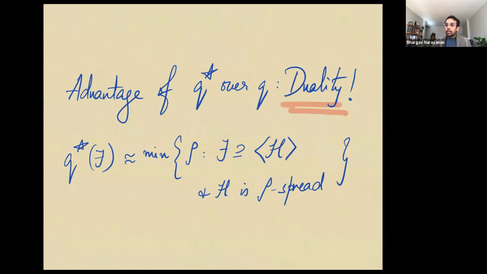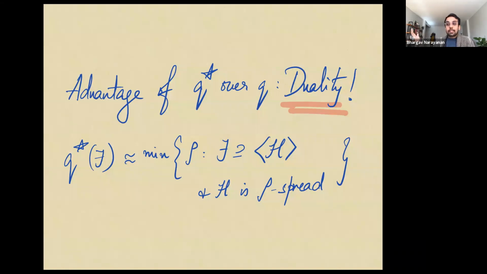Why bother with Q star? As I said, the main issue with working with the expectation threshold is that there's no idea what the correct witness is. But it turns out the nice thing about working with Q star is that Q star is defined in terms of a bunch of linear constraints, not integer valued constraints.